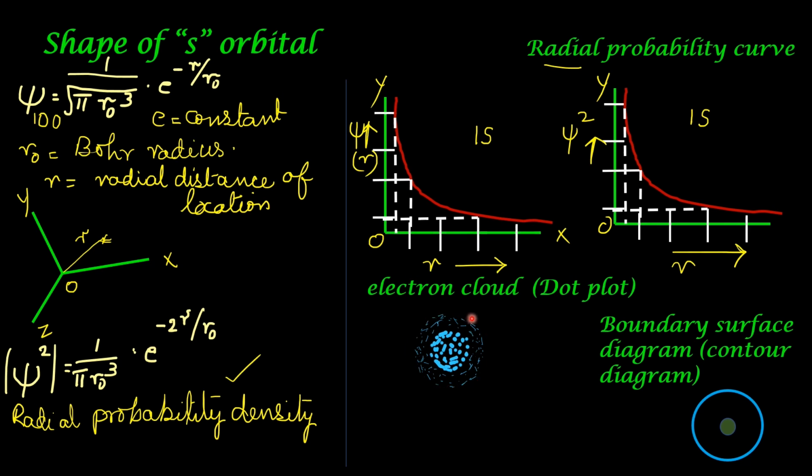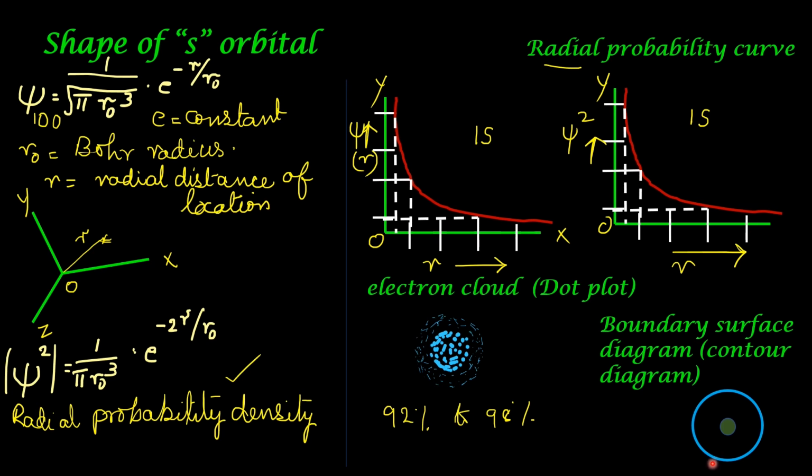That is the region where there is 92% to 98% probability of finding the electron. The surface of this whole space enclosing the probable area is represented by the boundary surface diagram.